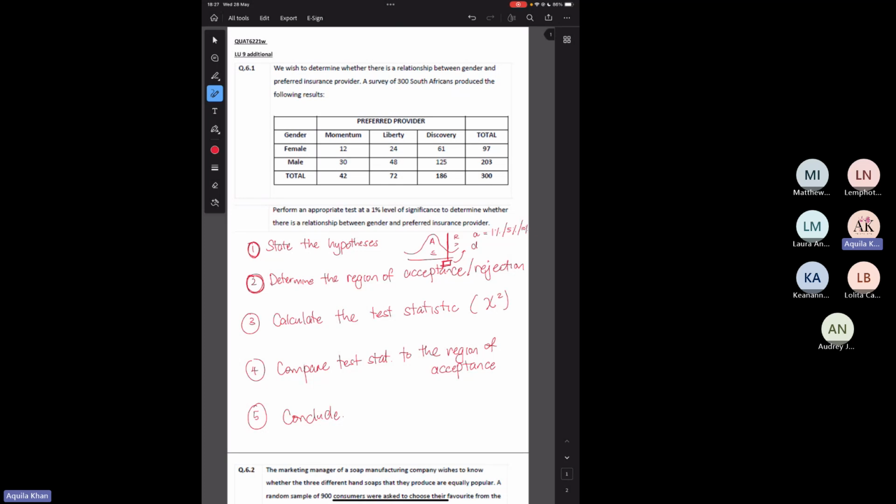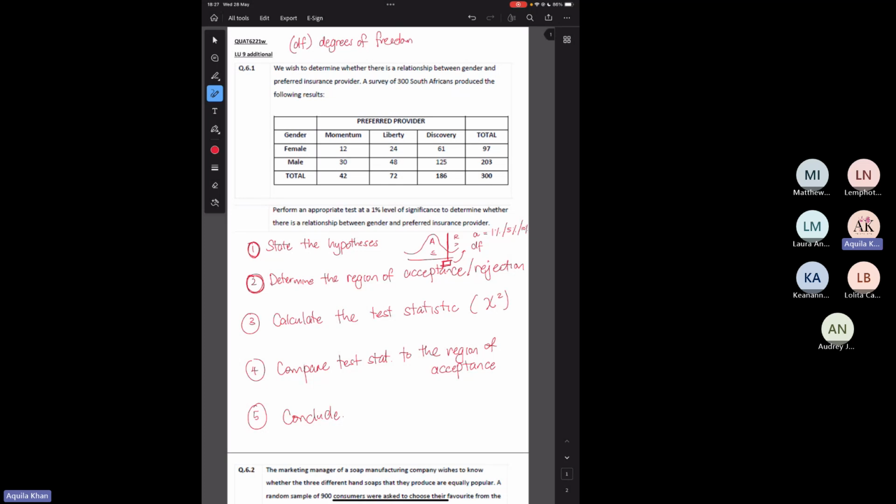It can never be anything else. The other thing you need is the degrees of freedom, denoted by the letters DF.